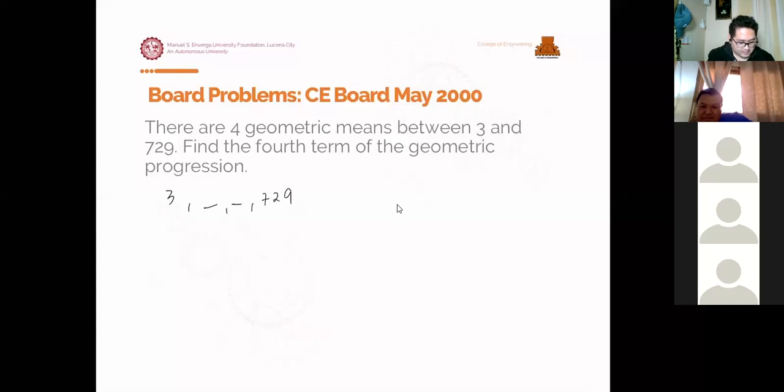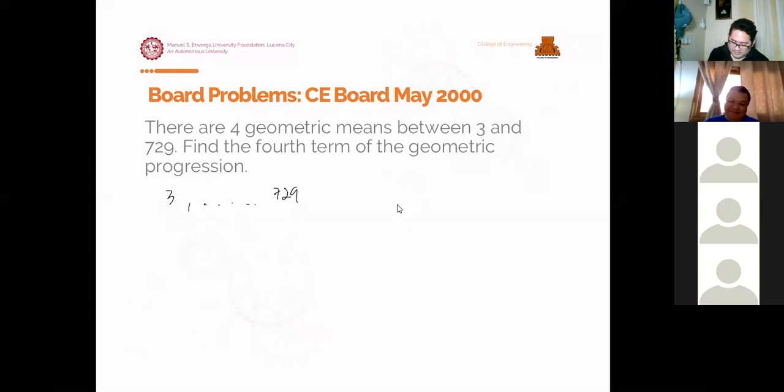Sir, yes, question din. So hindi natin alam kung ilan yung number ng terms, no? Kasi alam natin, 729 yung end nung value ng term natin.